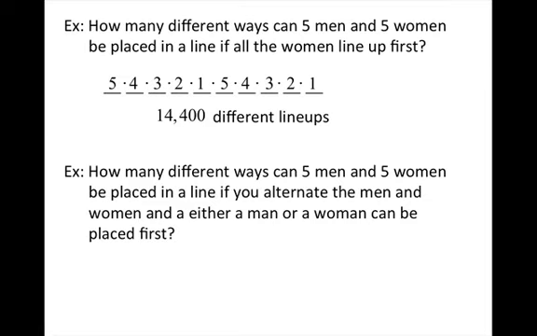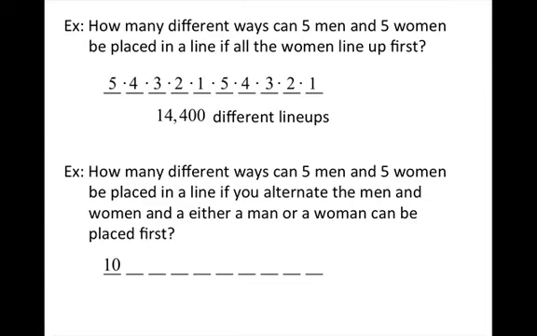Next, let's look at how many different ways can 5 men and 5 women be placed in a line if I alternate the men and the women, and either a man or a woman can be placed first. So let's draw the 10 blanks. My first position can either be a man or a woman, so I have 10 total people to choose from.